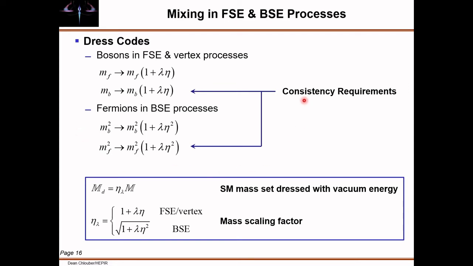And these are just consistency requirements, which follow from inspection of the scattering amplitudes. Now the SM mass set that's dressed with vacuum energy is just equal to a scaling function, eta sub lambda, times the undressed mass set, blackboard M, where eta sub lambda is just defined by the dressing rules.